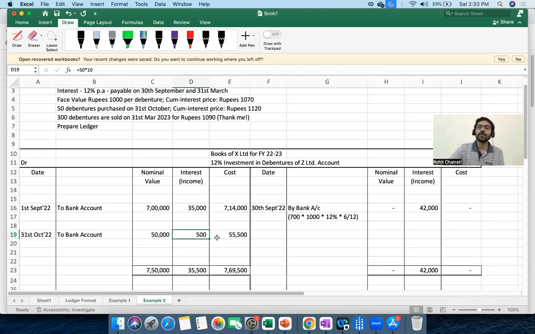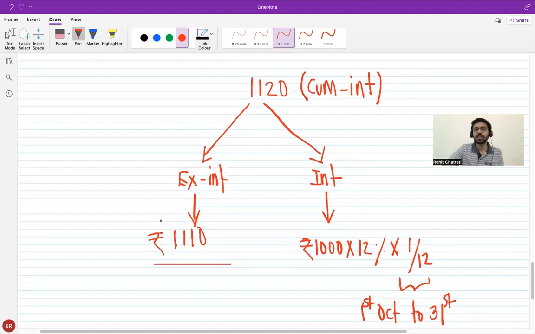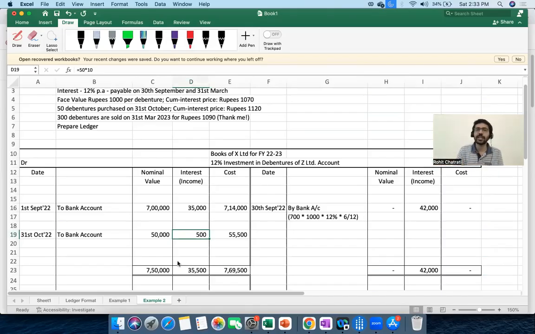So the journal entry for one debenture would be: investment debit 1110, interest income debit 10 rupees, to bank account 1120. For 50 debentures together, the entry is investment debit 55,500, interest income debit 500, to bank account 56,000.